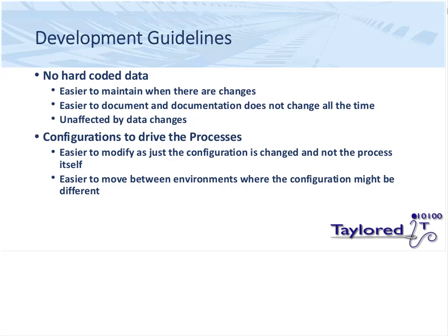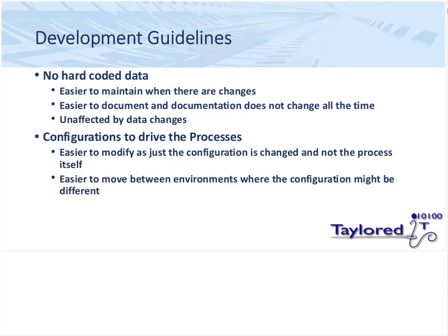And then the configurations to drive your process, as I said previously, are easier to modify and also easier to move between environments. You'll see a bit later, in the implementation, I'll talk about having two different types of configuration data sets. One is generic to your process or project, and one is environment specific.